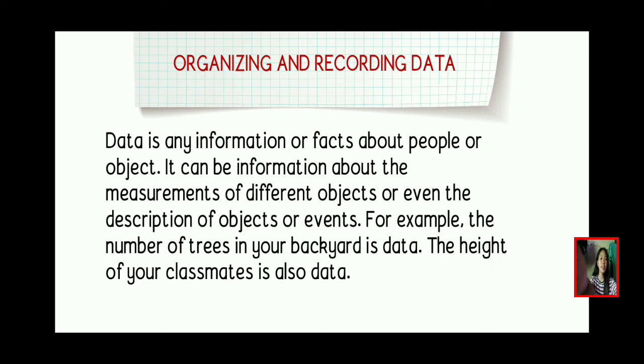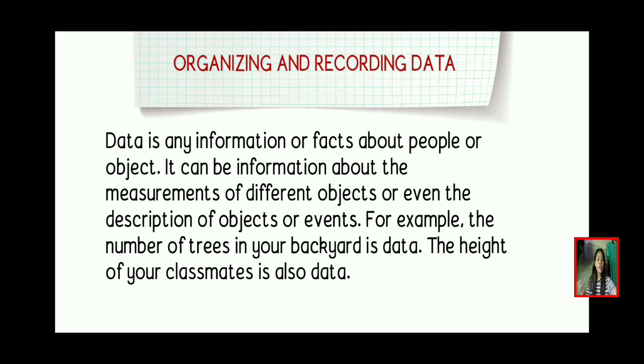So in organizing and recording data, it is important to collect data on various things to make a conclusion about the things around you. For example, say you want to know the favorite colors of your classmates. For this, you can conduct a survey in your class by asking your classmates about their favorite colors.